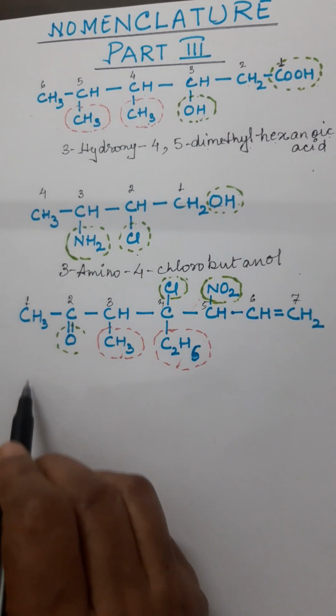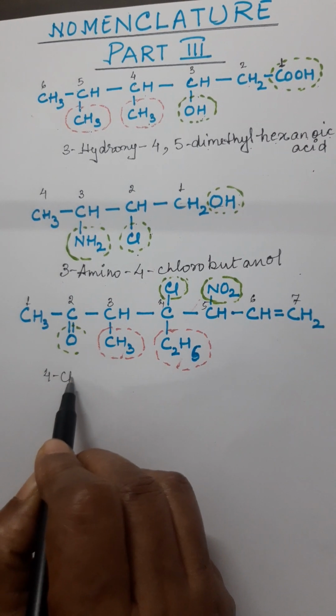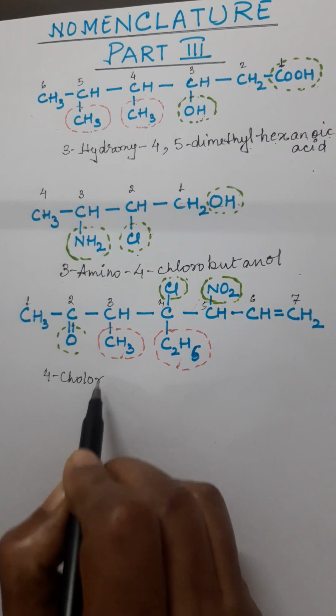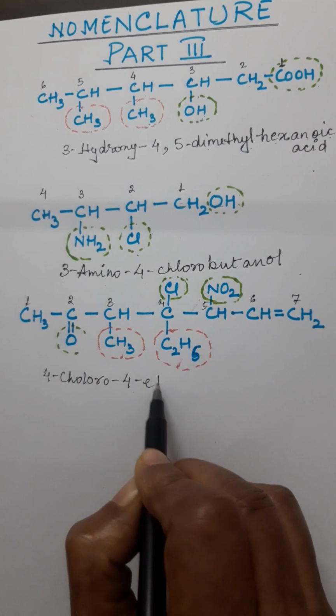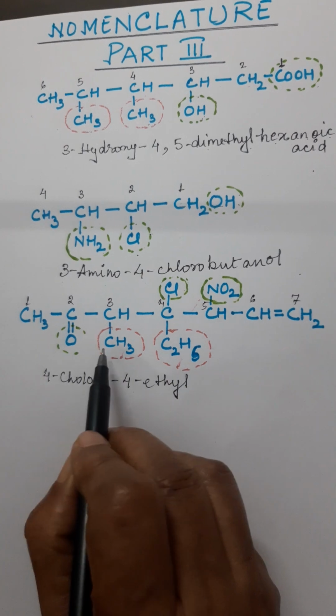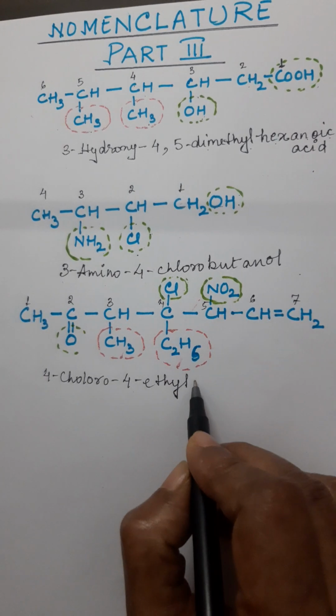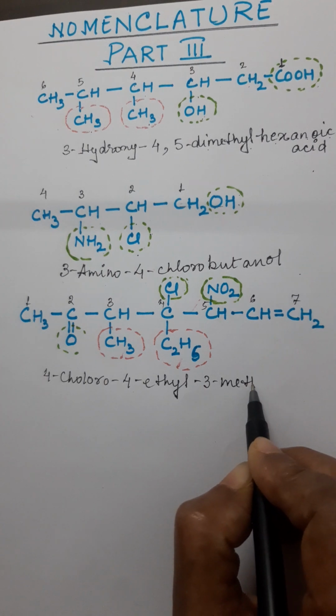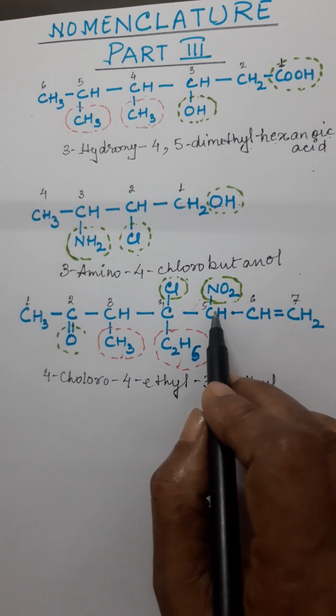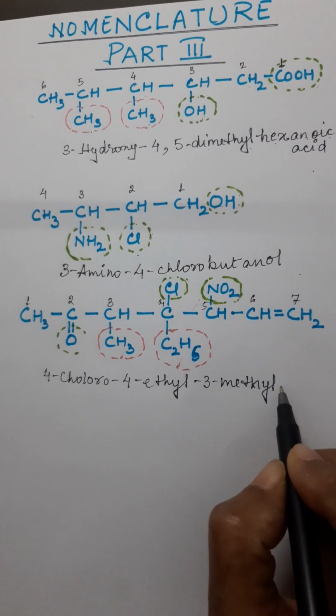So we will write 4 chloro, then 4 ethyl, then 3 methyl, 5 nitro.